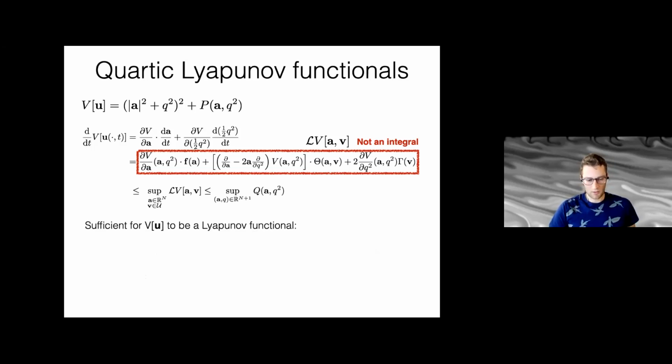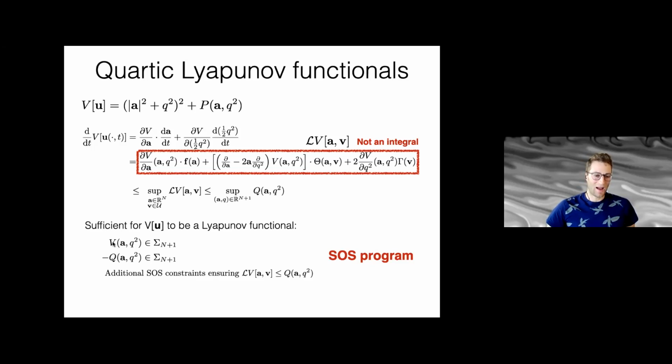Right? In other words, I have V being a sum of squares polynomial. I'm going to require negative Q to be a sum of squares polynomial. I've swept under the rug that there are some additional sum of squares constraints that ensure that Q really is an upper bound on the functional that's equal to the time evolution of V. Right? But I will tell you, even though I haven't written all these things out explicitly, that the tunable polynomial V, its coefficients appear linearly in all of these expressions.